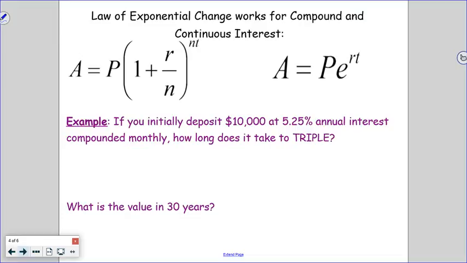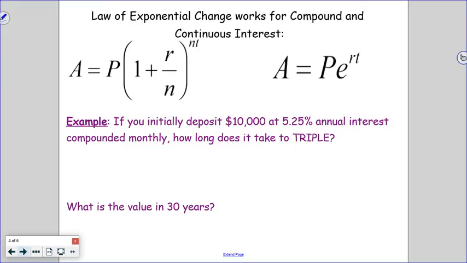P stands for principal. That would be the amount you started with. R stands for your rate, and typically rate is given to you as a percent, but the rate that you put into your equation needs to be the decimal equivalent of that. So whatever we are given, we divide by 100, or move our decimal 2 places to the left. N represents the number of times that your situation, money, whatever, is being compounded per year.